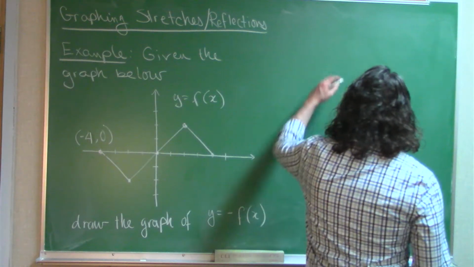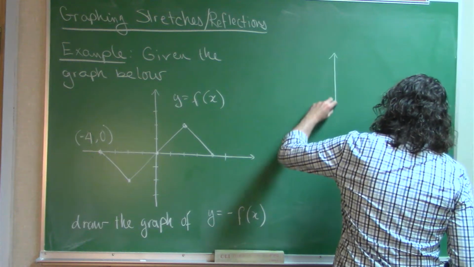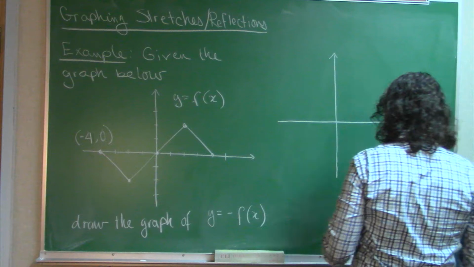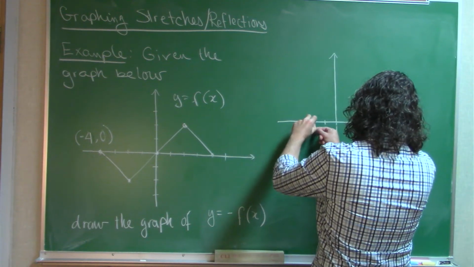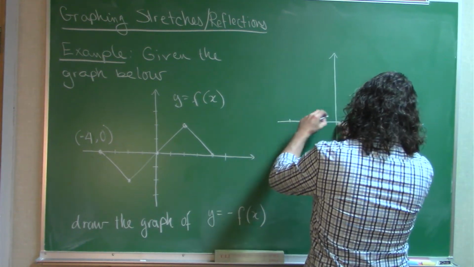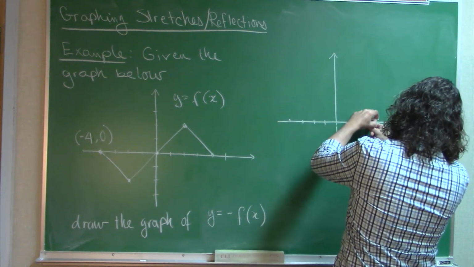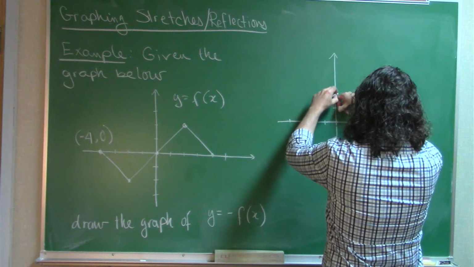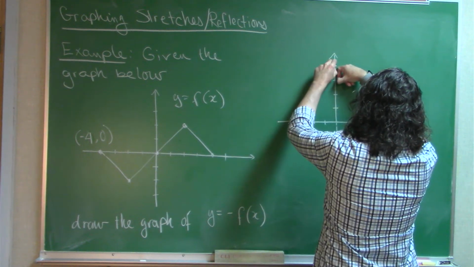So once again, we're thinking, where is the change? The change is outside the function. That is going to affect the y coordinates of the function. We're leaving the x coordinates alone. We're just messing with the y coordinates.